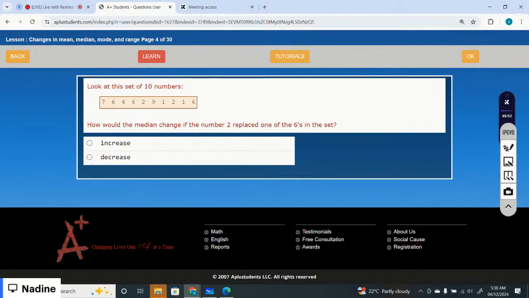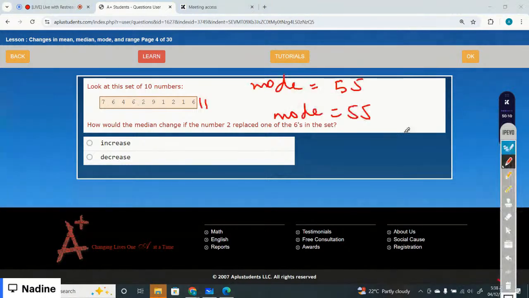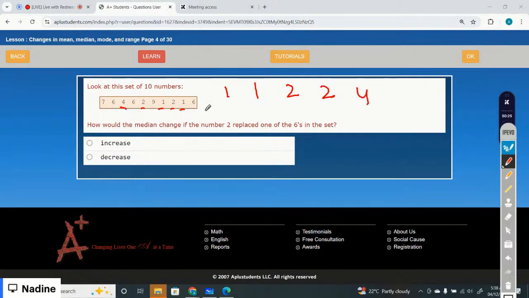Look at the set of 10 numbers. How would the median change if the number 2 replaced one of the 6s in the set? The numbers are 1, 1, 2, 2, 4, 6, 6, 6, 7, and 9.